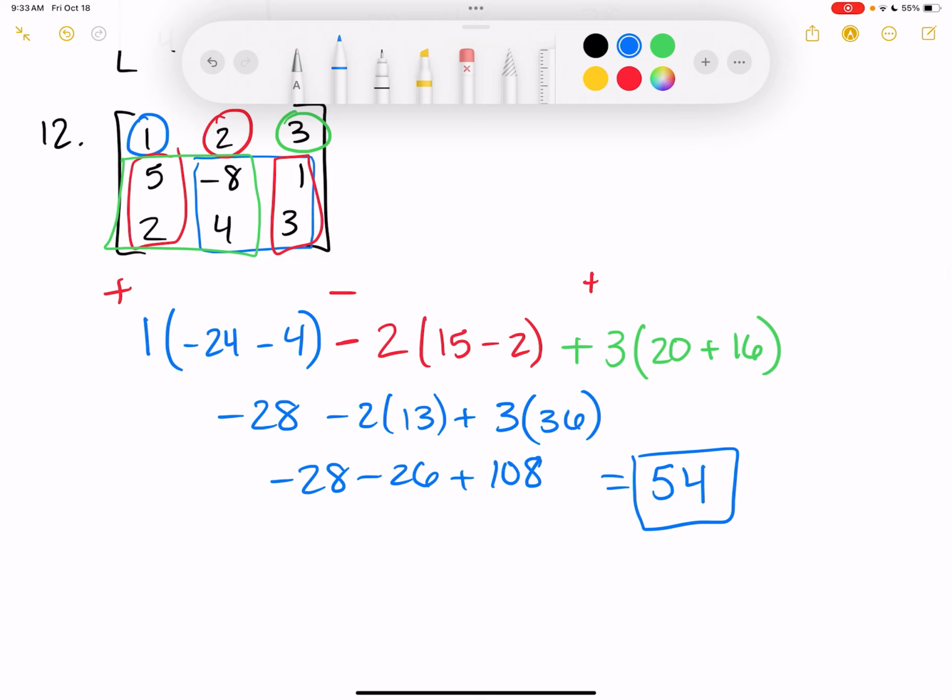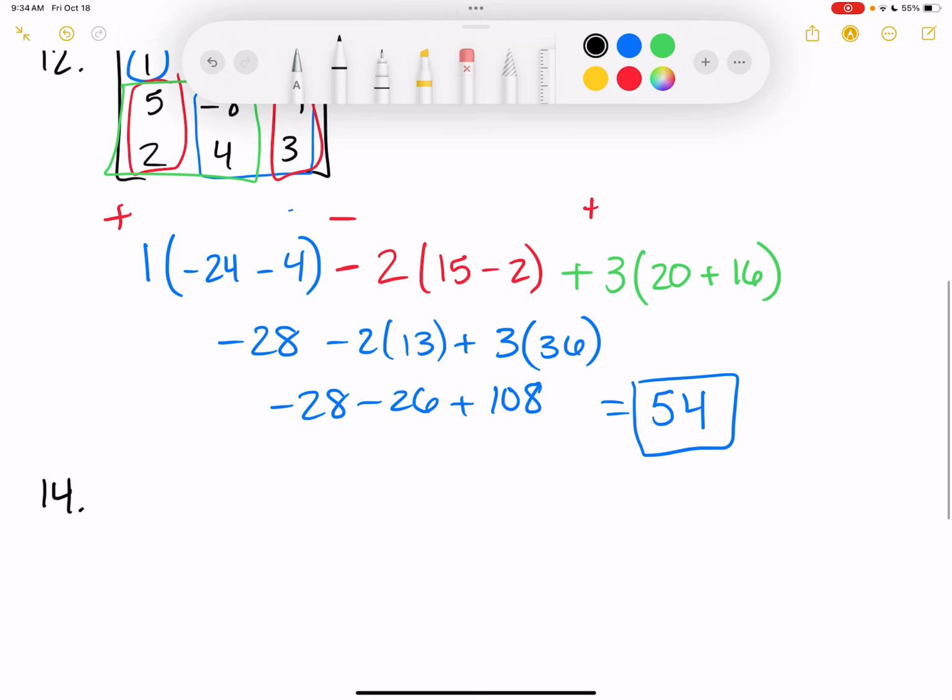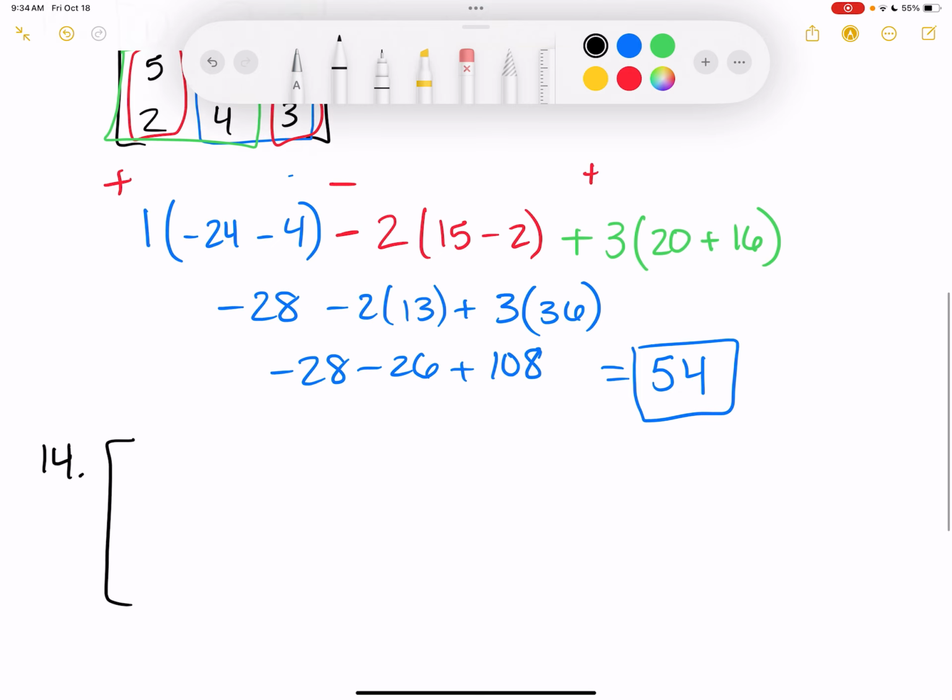So as long as you know the pattern, that it's positive, negative, positive, and you understand the setup of it, these aren't hard, they're just kind of tedious to go through each individual step. Any questions about that one? All right, 14. Another 3 by 3.